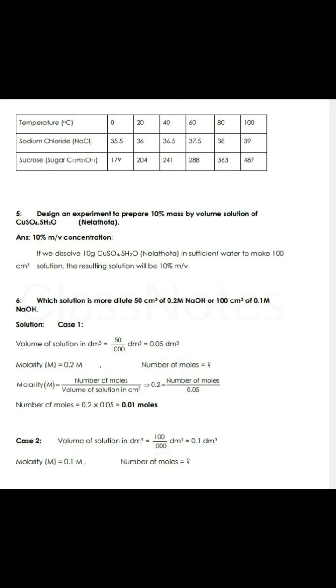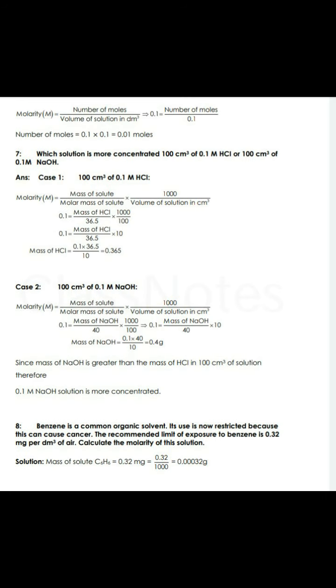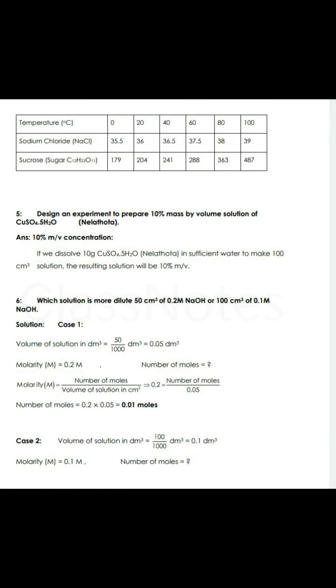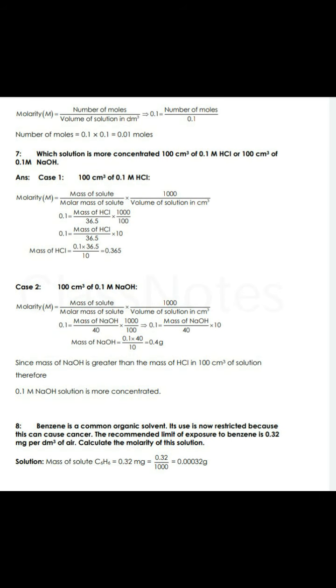We will convert the 50 cm³ into dm³. Now molarity has been given, number of moles we will find. By finding it will be 0.01, and in case 2 we will put the same values, we will get 0.01. So both have the same number of moles, 0.01.